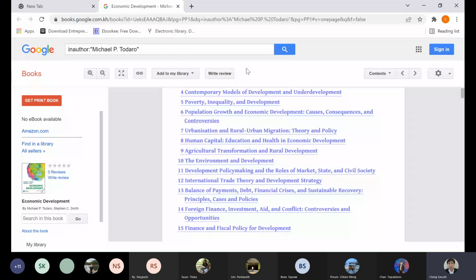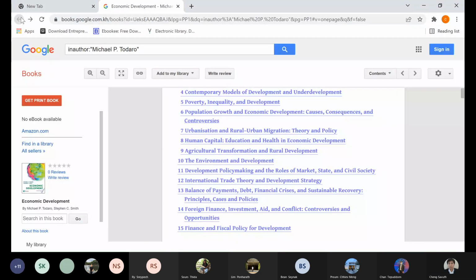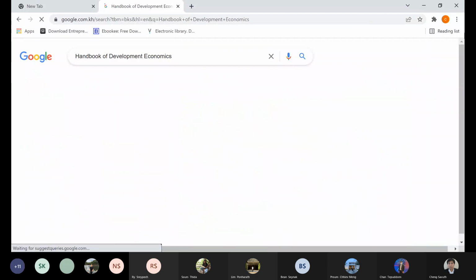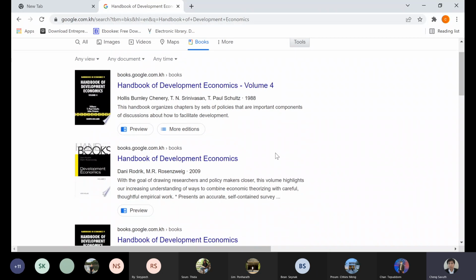The other reference textbook that we may use is the Handbook of Development Economics. The handbook is a very good textbook, very technical and very advanced, and it covers every issue that has been studied in the field of development economics.